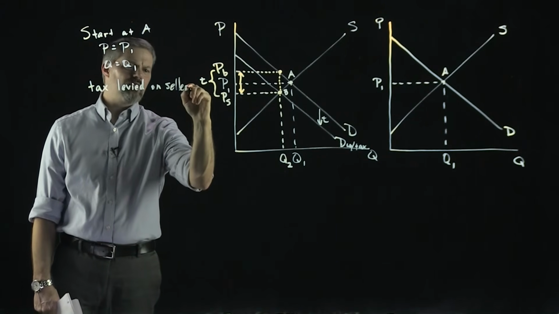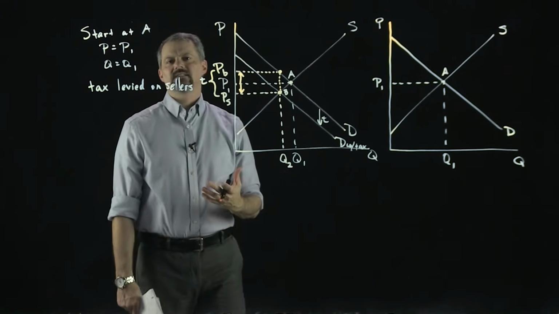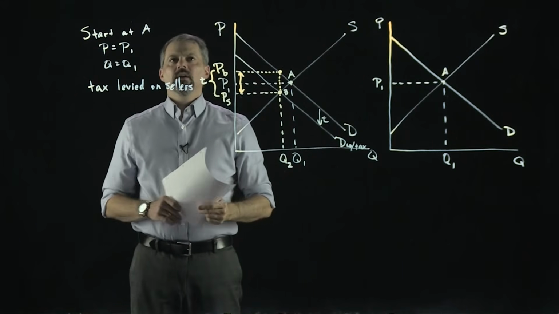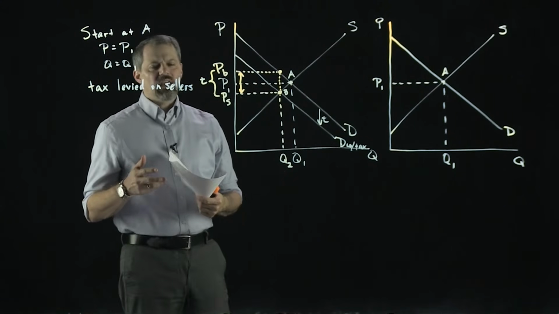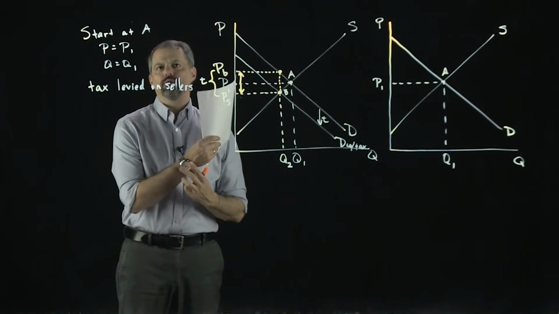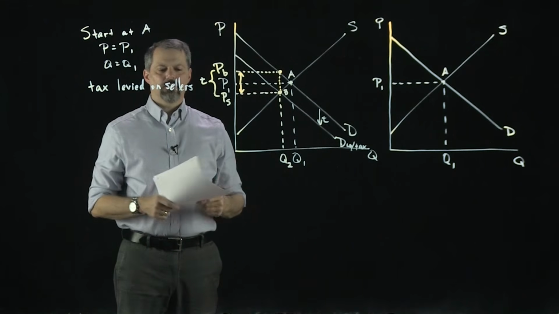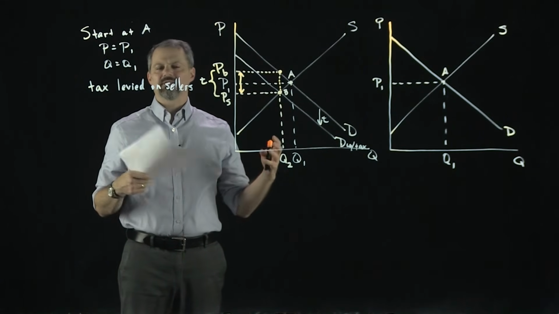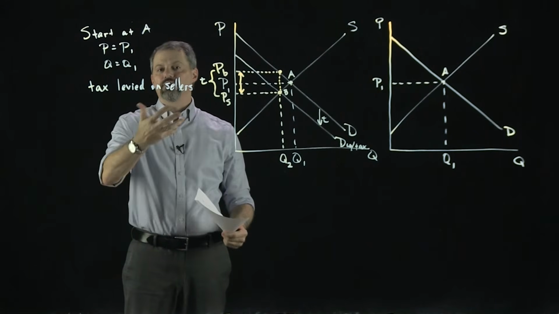Now, before we draw it on that picture, let's talk about the effect that a tax is going to have on sellers. So let's suppose that now you run a pizza business. And let's suppose that it costs you $5 to make a pizza. Okay, so that includes the cost of raw materials, and that includes the cost of any labor that you've got to buy from other people, and that includes the opportunity cost of your time.